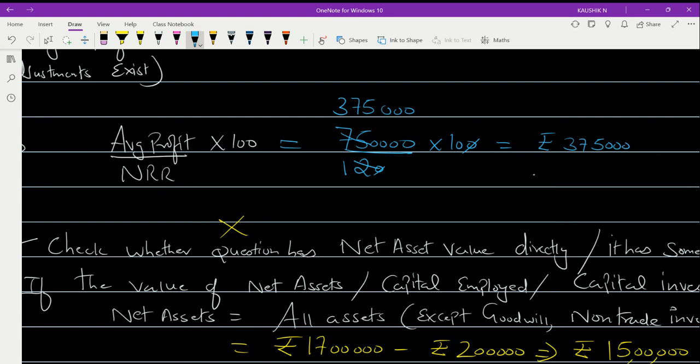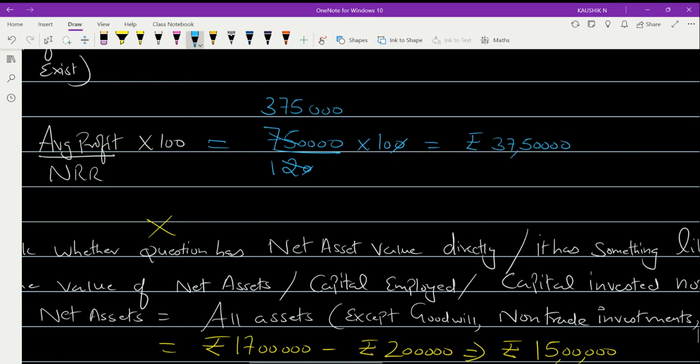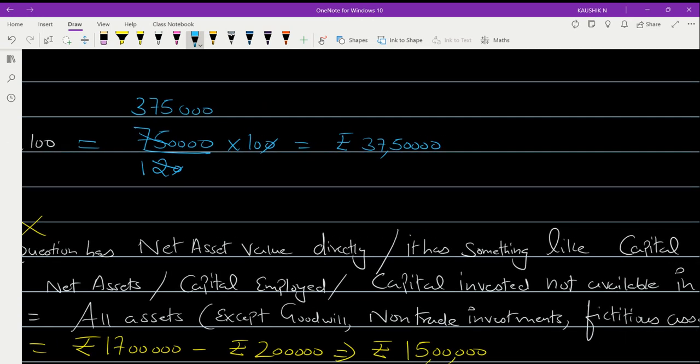So this is the value of your capitalized value of business or firm. Am I right? So when you substitute the value of your average profit with the NRR, you are getting an amount of rupees 37 lakh and 50,000. This is your capitalized value of the business or firm.